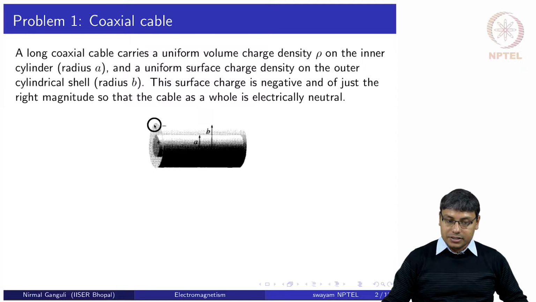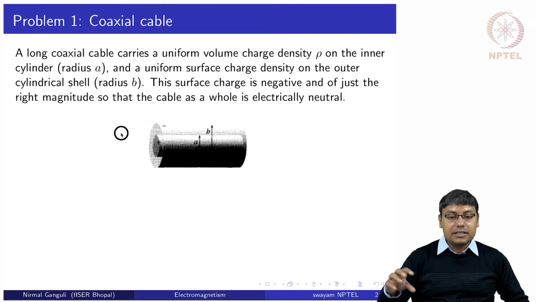That is only surface charge density, we can call it sigma, but the surface charge density is negative, rho is positive, the volume charge inside the inner cylinder is positive and the surface charge is negative, and it is of the right magnitude that makes the entire cable electrically neutral.